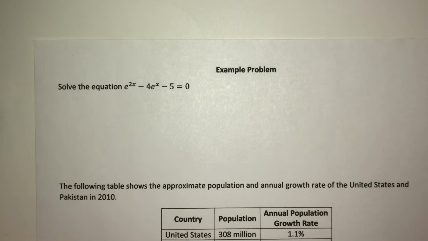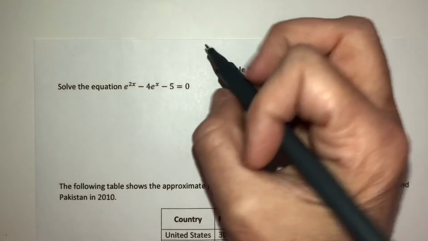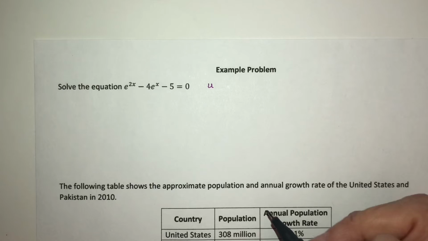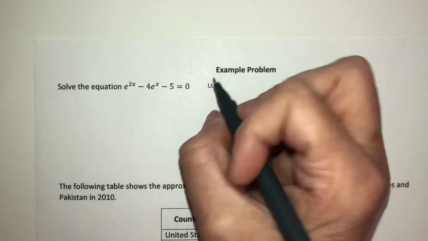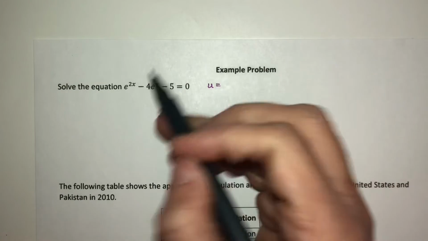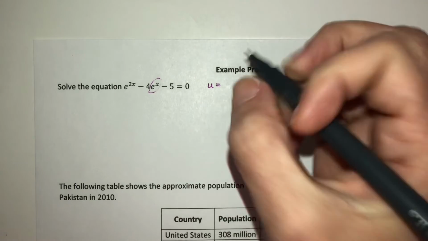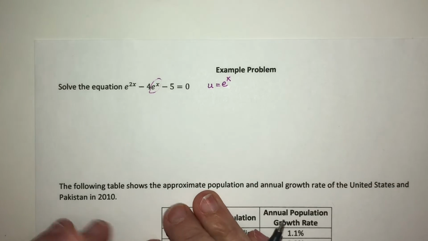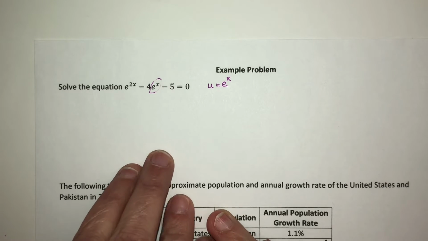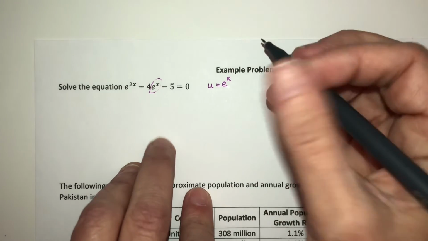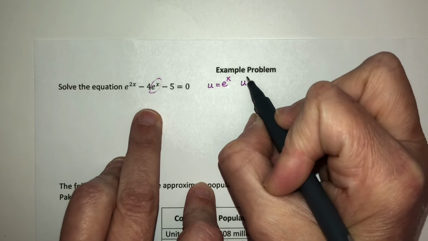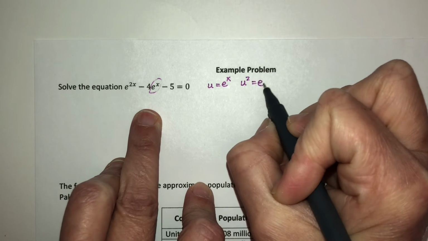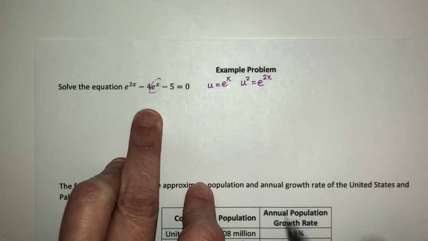Then what you're going to do is make a u substitution. u is the traditional letter for substitutions, u and then v if you've already used u. And generally speaking, what you want to let it stand for is whatever is right here. So my u, when I rewrite this, is going to take the place of e to the x. Now note, if I square u, I would have e to the x squared, and I would multiply those exponents, so I have e to the 2x.